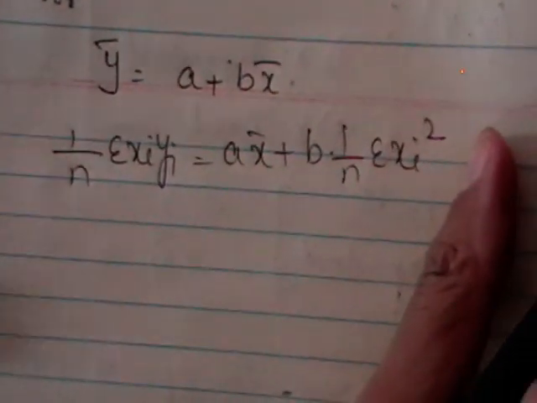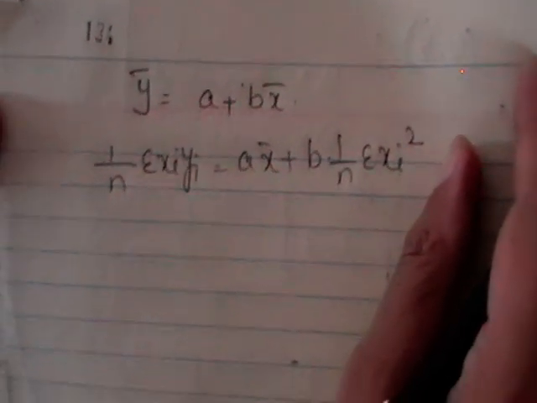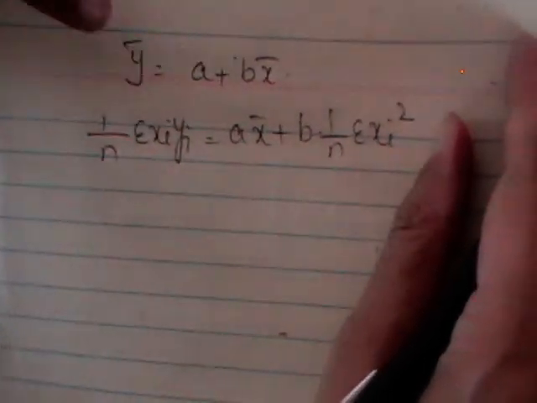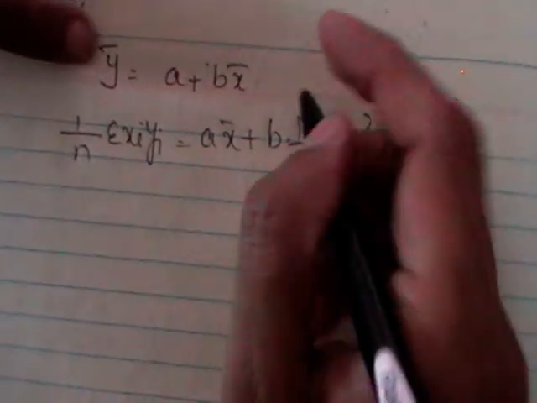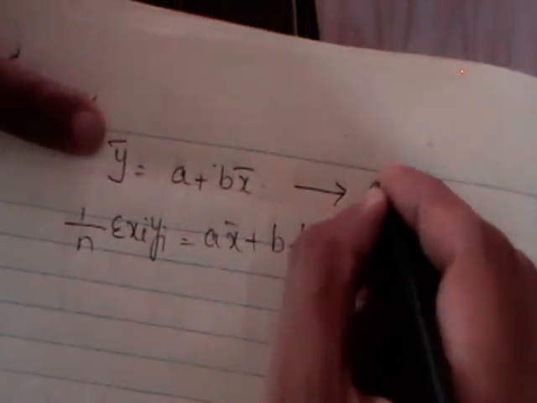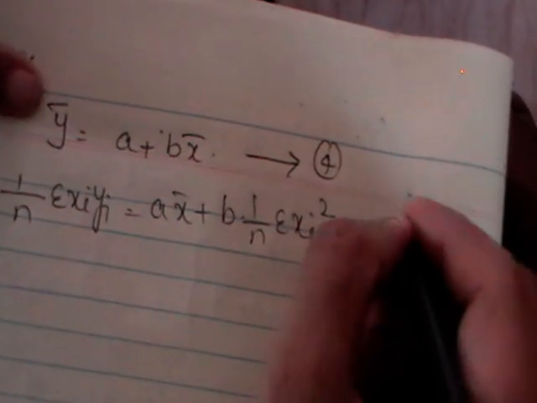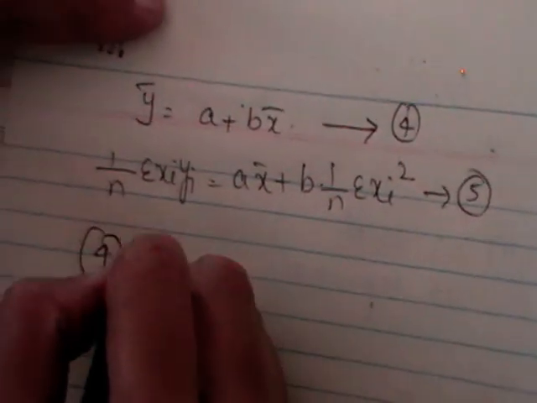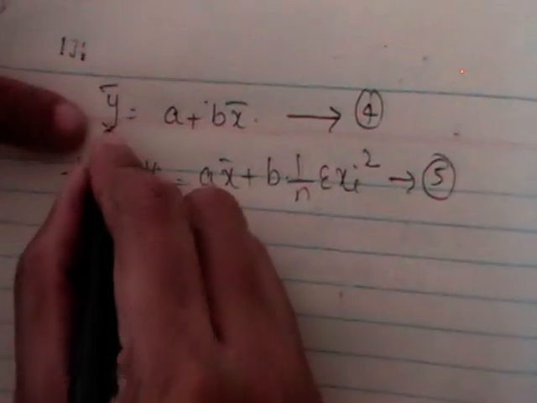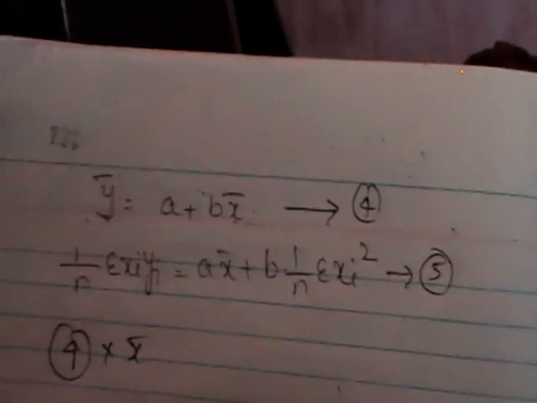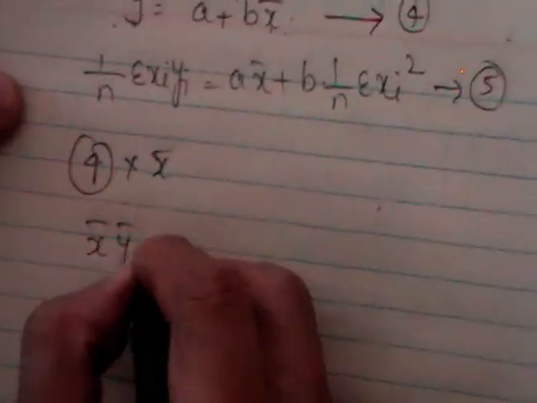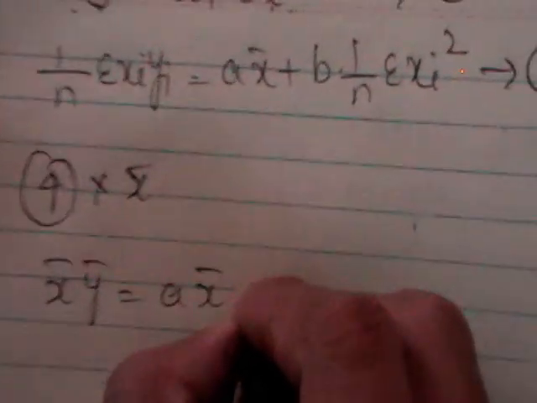To solve these two equations, as you have y bar here, you multiply equation number 4 with x bar on both sides, you will get x bar y bar is equal to a x bar plus b x bar square.